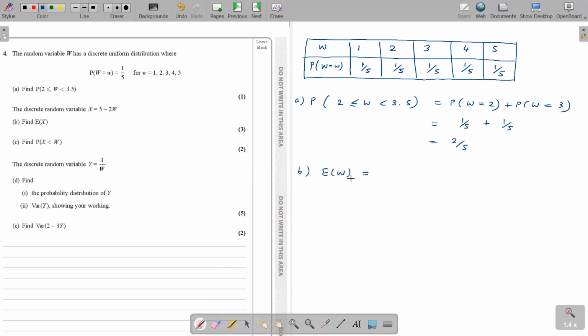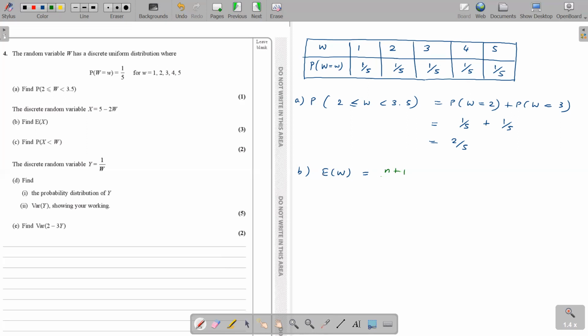How do you find E(W)? It's a discrete uniform distribution. Is it very difficult to find E(W)? All the probability values are the same. Your mean should come exactly where? The mean W value should come exactly in the middle, or you can use the equation if your W values are in the form 1, 2, 3, 4. They have given you in the book.